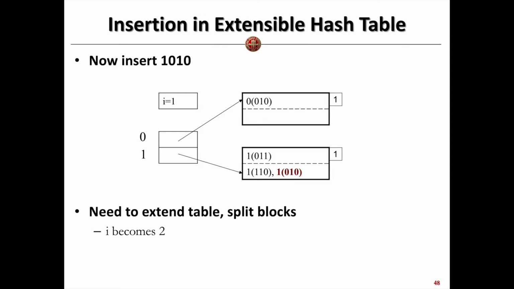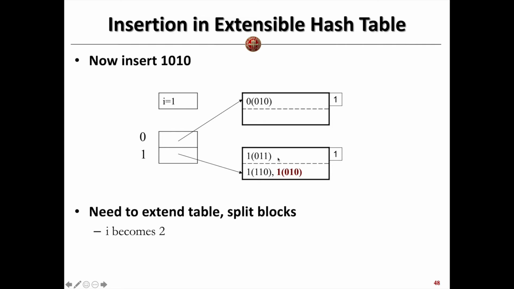The process is very similar. By the first bit, right? Because we know that right now the hash function is defined based on the first i bits. By the first bit, we know it should be projected to the second bucket, right? 1010, the first bit is 1. According to this hash function, 1 should be projected to the second bucket.